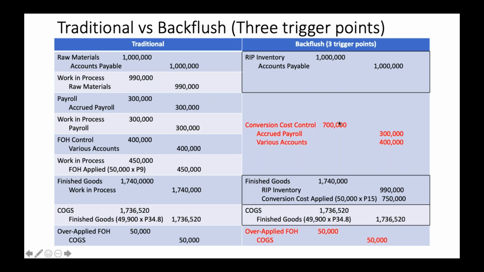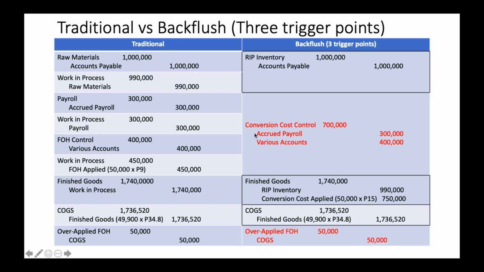So after determining the actual cost, you will make an entry, debit conversion cost control 700,000, credit accrued payroll 300,000, and various accounts for the overhead of 400,000. This red colored journal entry is the flashing back of the cost after making the journal entries in the trigger points.